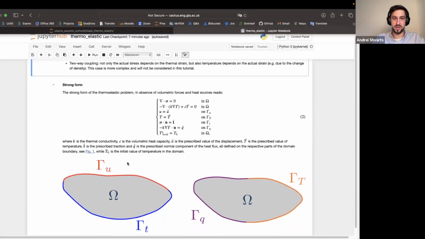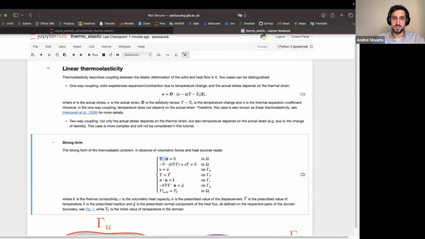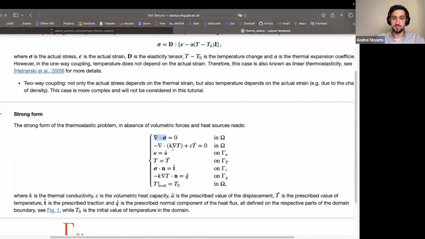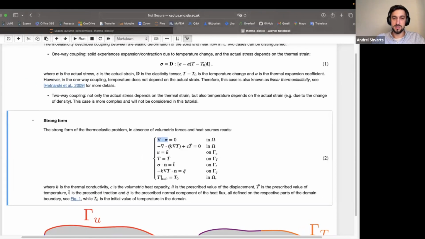So then we have the strong form of the equations. We have the balance of linear momentum for the actual stress tensor sigma. We have the thermal conductivity problem, where we have a time-dependent problem. So we don't solve dynamics for the elasticity, we solve quasi-statics, but for the thermal problem, we solve it as a time-dependent problem. Hence, we have this derivative in time over here, and C is the volumetric heat capacity.